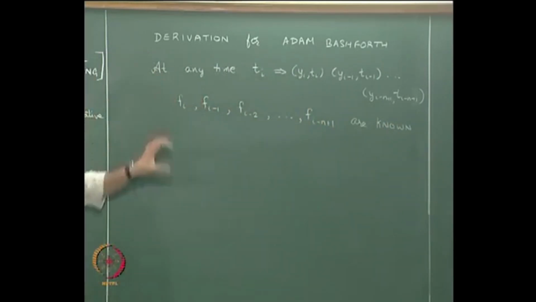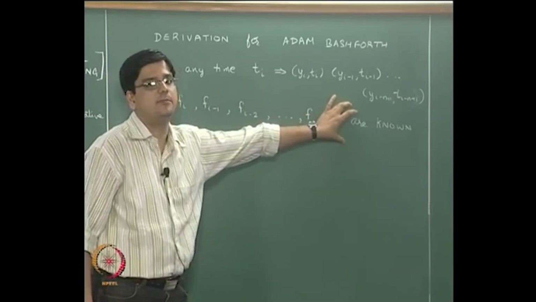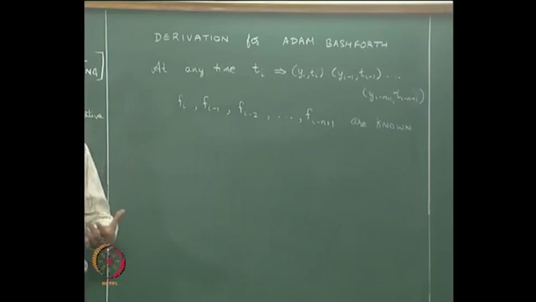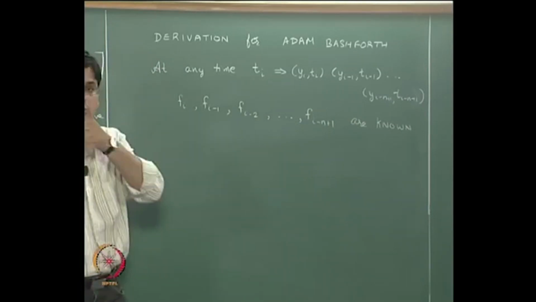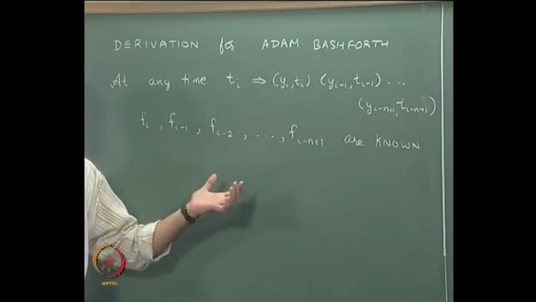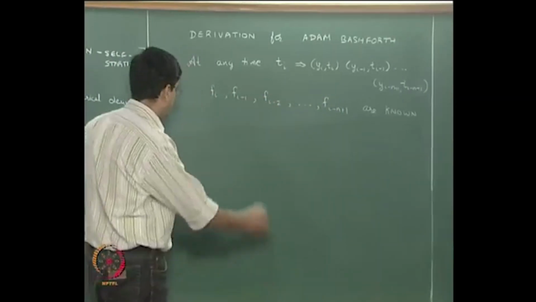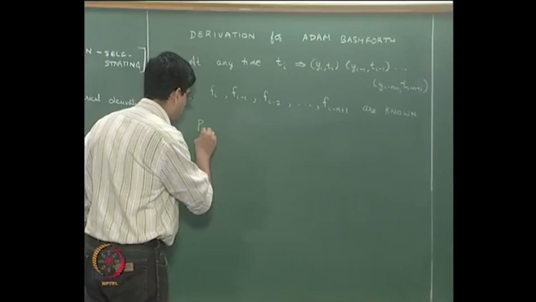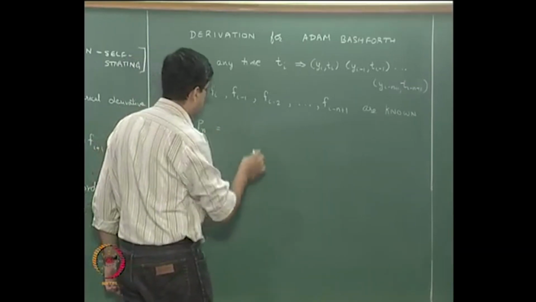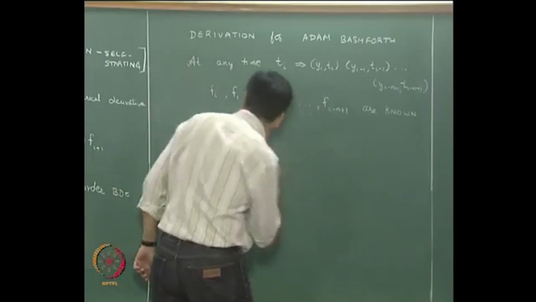Okay. So, what we do is we will fit a polynomial to these n past values. What type of polynomial will we fit? We will go back to what we discussed in module 5, and we will fit a Newton's backward difference polynomial. The nth order Newton's backward difference polynomial P_n, we had written this as, sorry, not y, f.